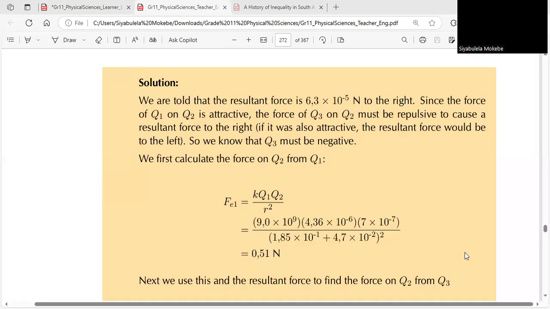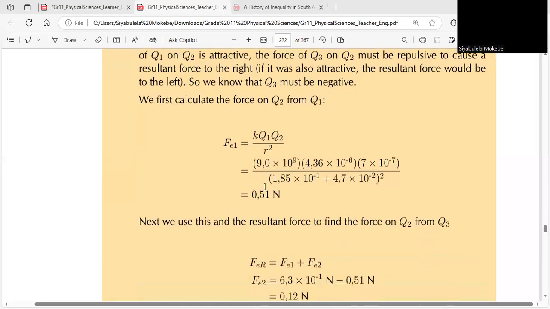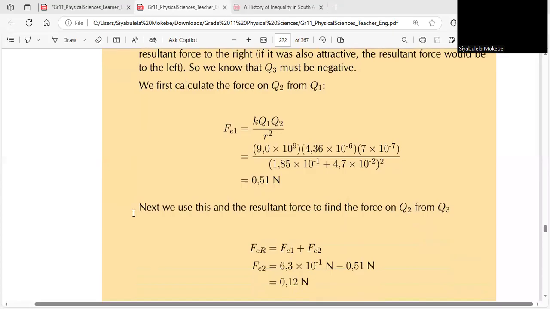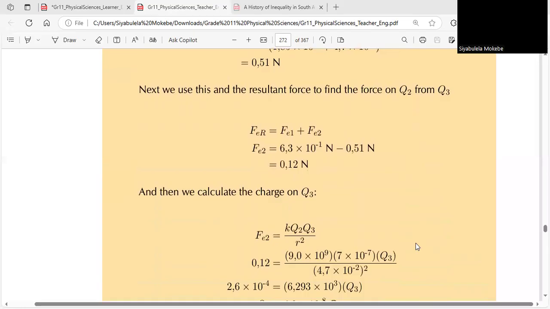So we first calculate the force on Q2 from Q1, and that is 0.51 newtons. Next, we use this and the resultant force to find the force on Q2 from Q3. All right, so the resultant force is 0.12 newton.